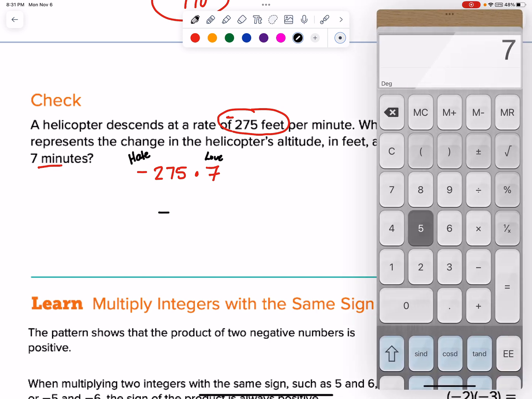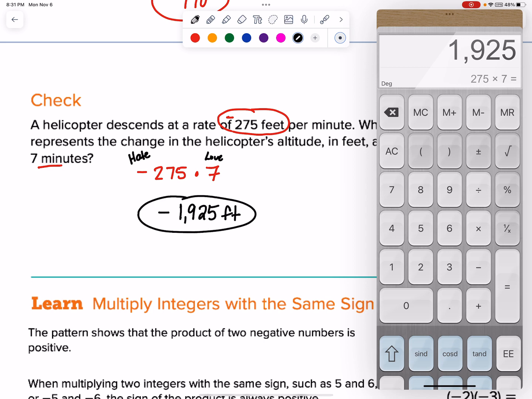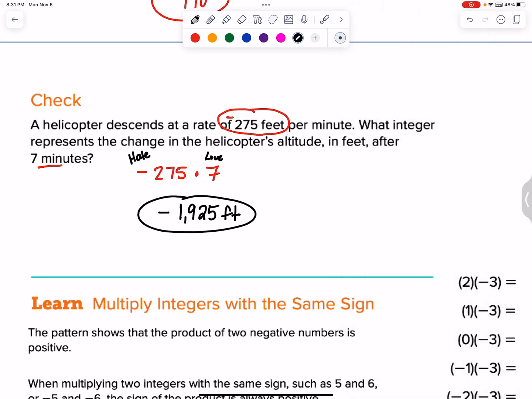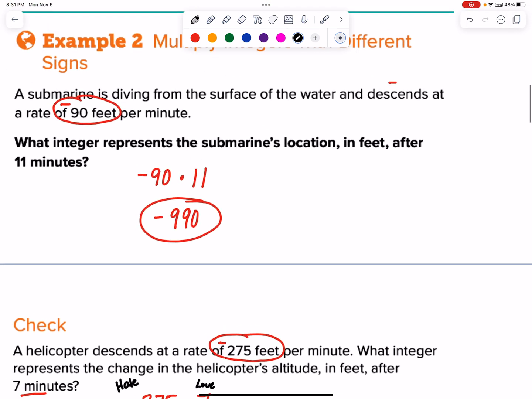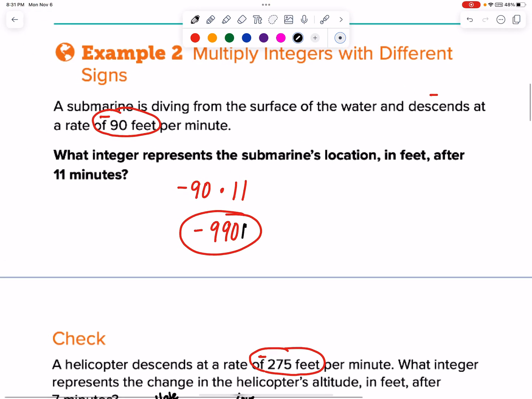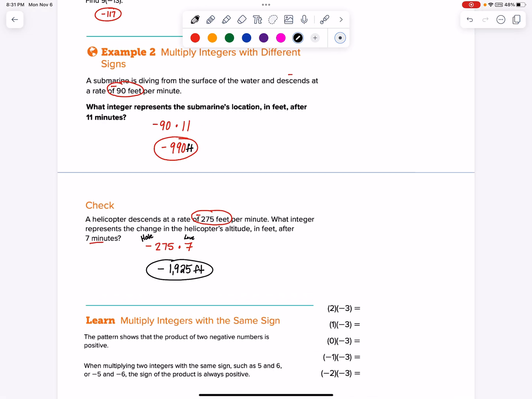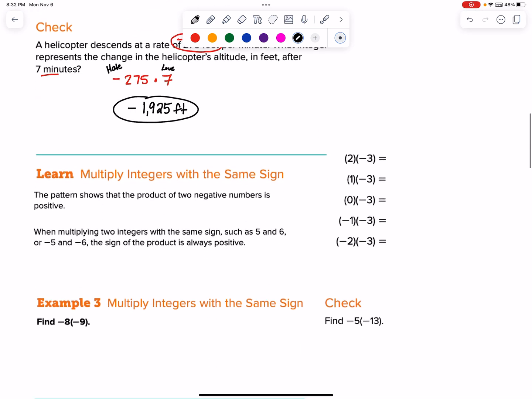So we just do 275 times 7, which gets us 1,925 feet, and it's a negative change in altitude. I need to make sure that we put feet up here as well, so we don't lose a point if it was a test.